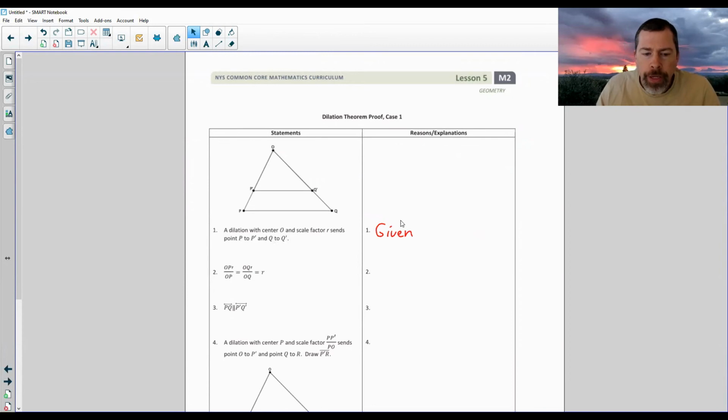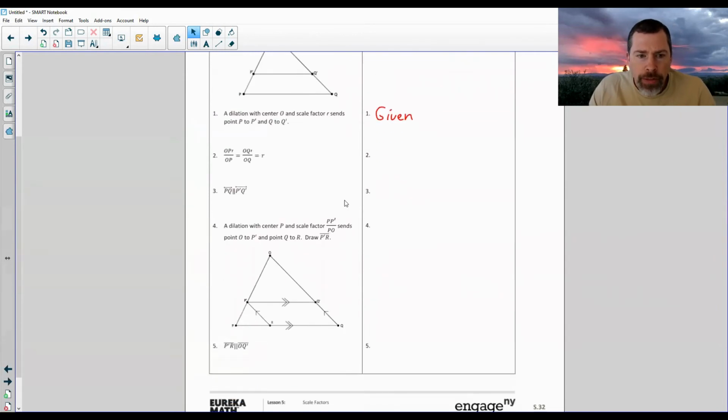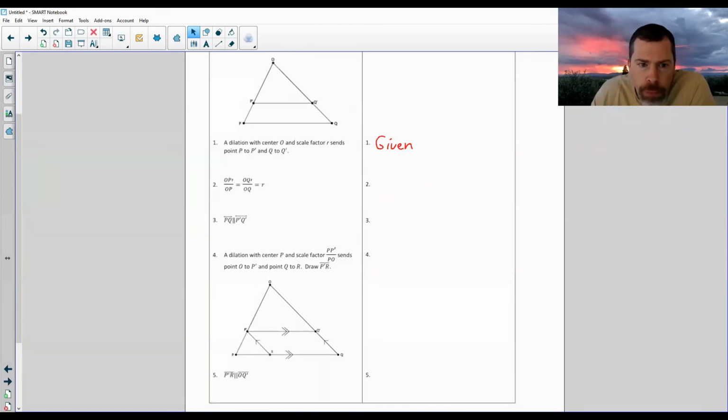Then we say these ratios are all equal: OP prime over OP equals OQ prime over OQ, which equals r, our scale factor. The reason for that is, by definition of dilation, corresponding lengths are proportional, and the ratio of the corresponding lengths is equal to the scale factor r being between 0 and 1.